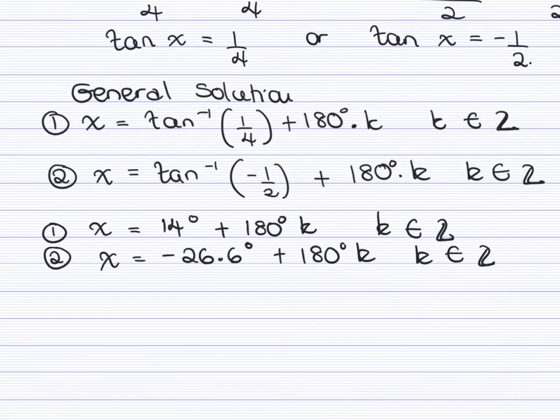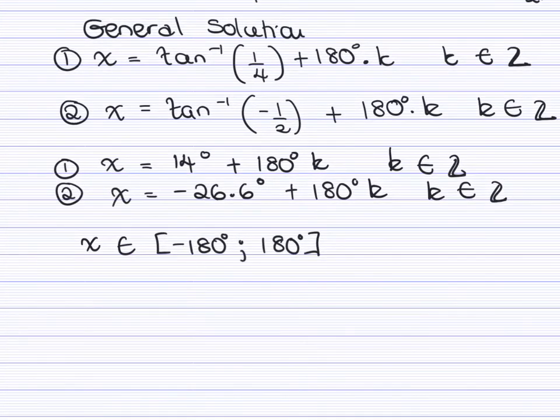So these are your two general solutions, right? Now for this question, they wanted us to solve for x within the range minus 180 degrees and 180 degrees. So again, the process that I use here, I'm going to then sub k equals 0 into both equation 1 and equation 2.